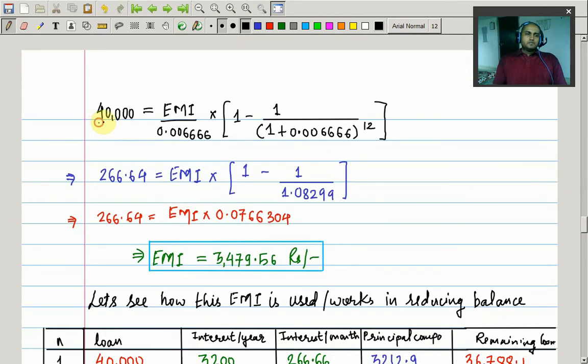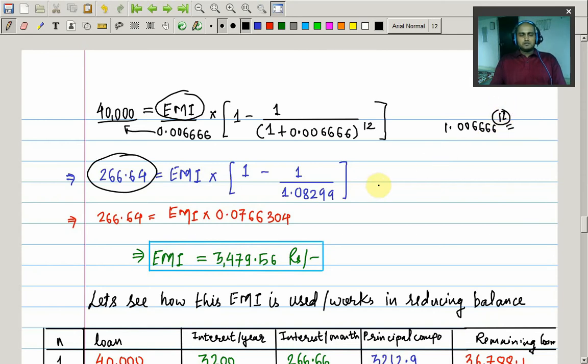So in place of PV, 40,000, we need to calculate this. Everything is kept in its place, you just need to calculate. So this is multiplied here, it becomes this much. And you can find the 12th power of 1.00666. The 12th power is not a big deal.